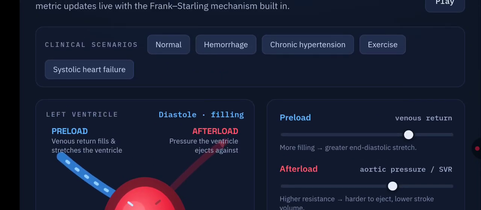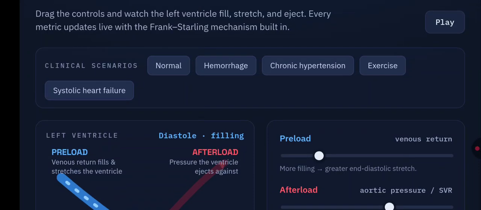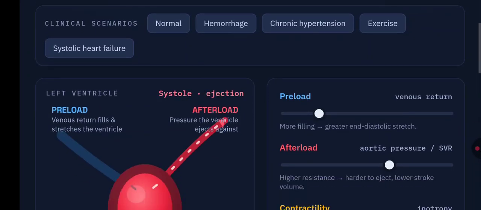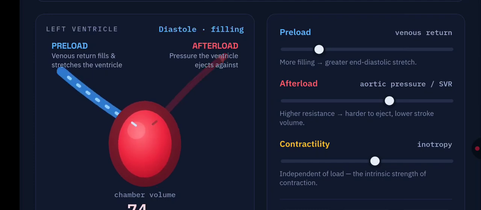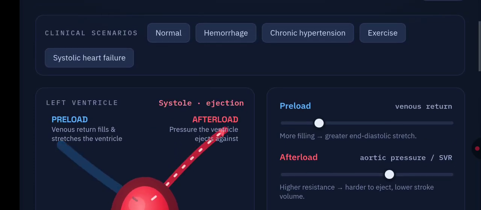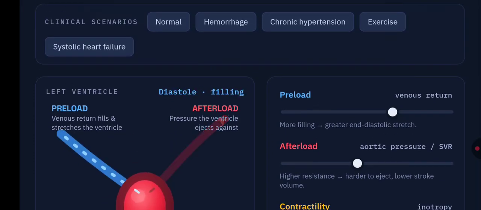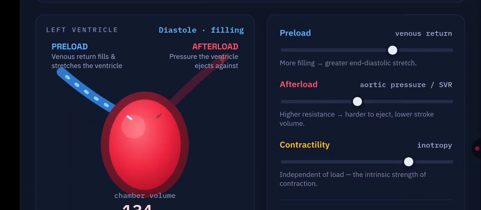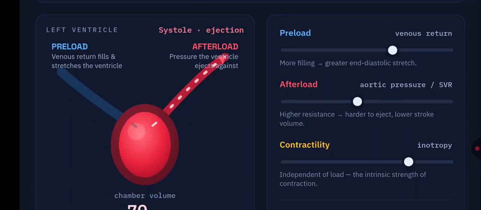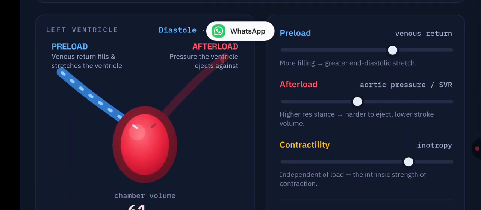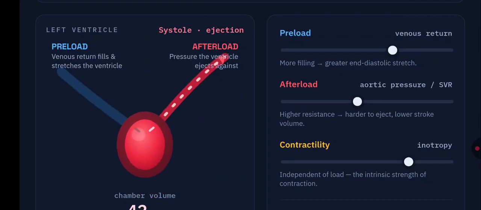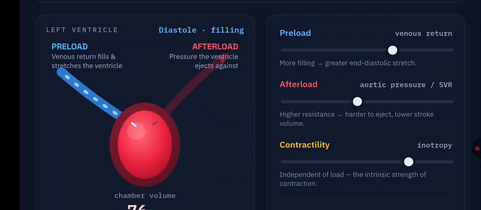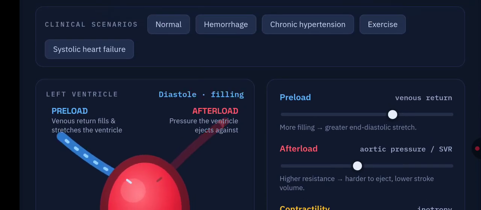But if you look at the case of hemorrhage, the movement of the heart contraction, see, the heart pumps faster to compensate, as I said. In the case of exercise, you will find here the heart refills with blood and at the same time pumps to the maximum, contracting to the maximum in systole to pump or eject most of this blood, and this is the best condition, as we said.